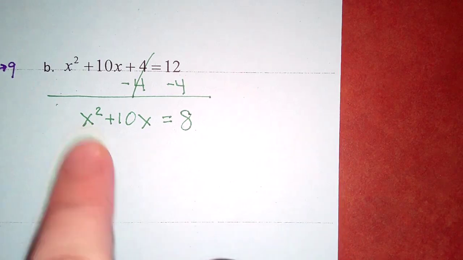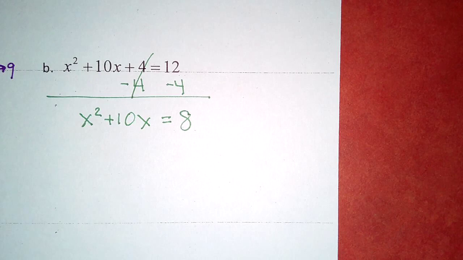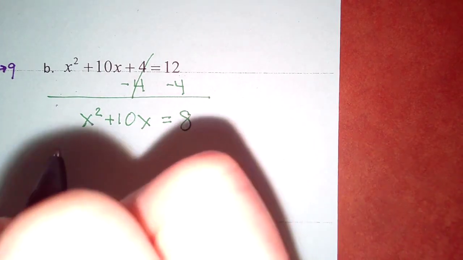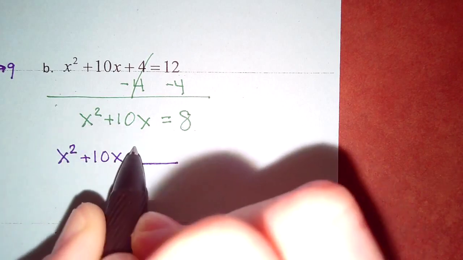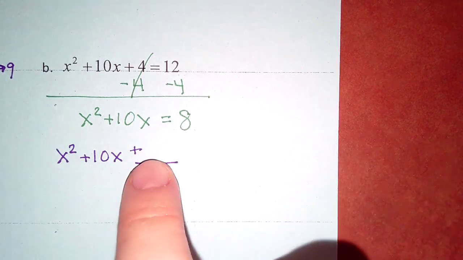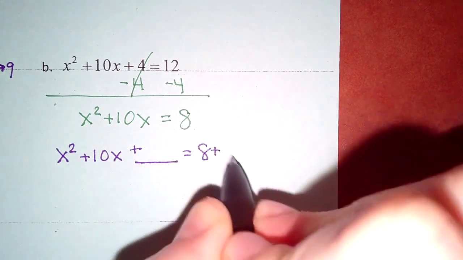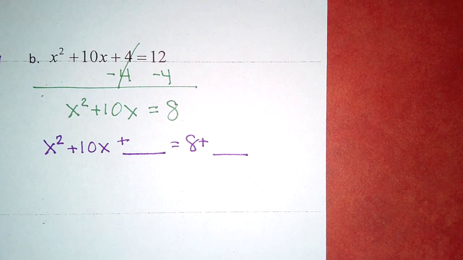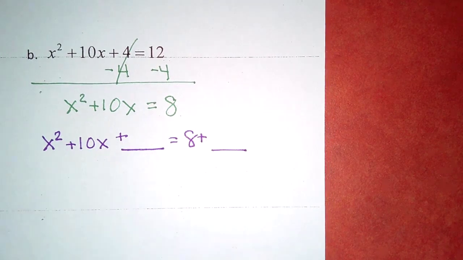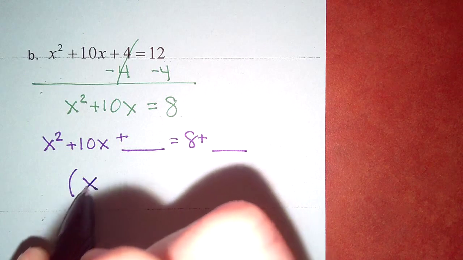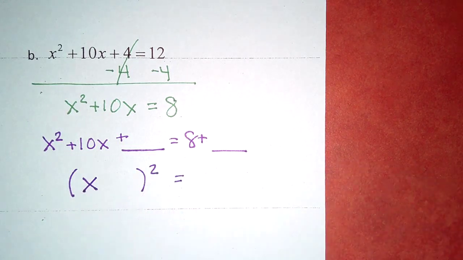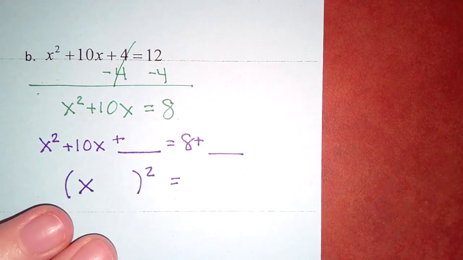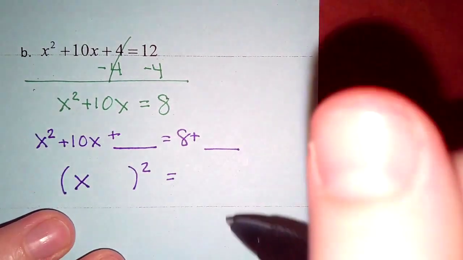I wanted to get the square term and the x term alone. So now I'm going to start to rewrite it. x squared plus 10x and then something. It's always going to be plus something because that number will be added to both sides: equals 8 plus that same something. Underneath this will be x something squared. So I'm going to take my b term.